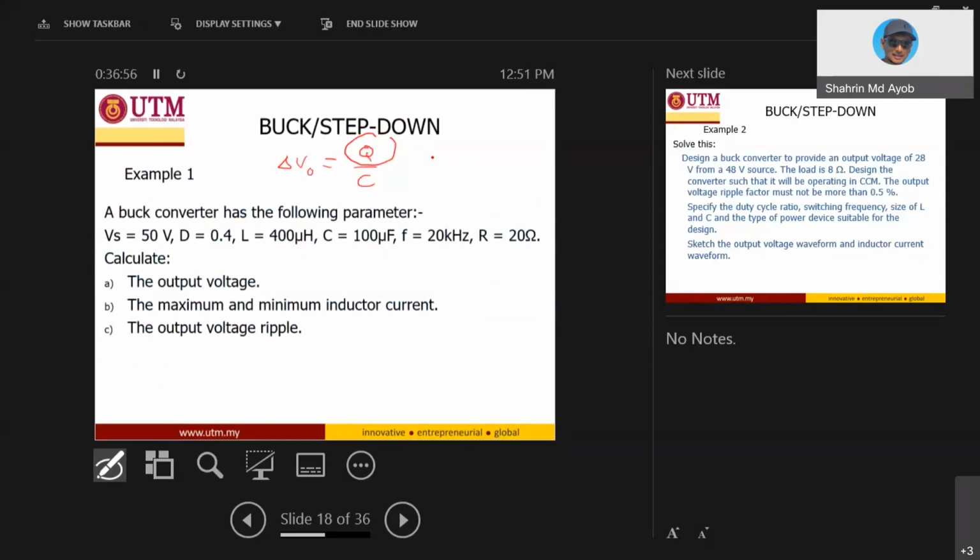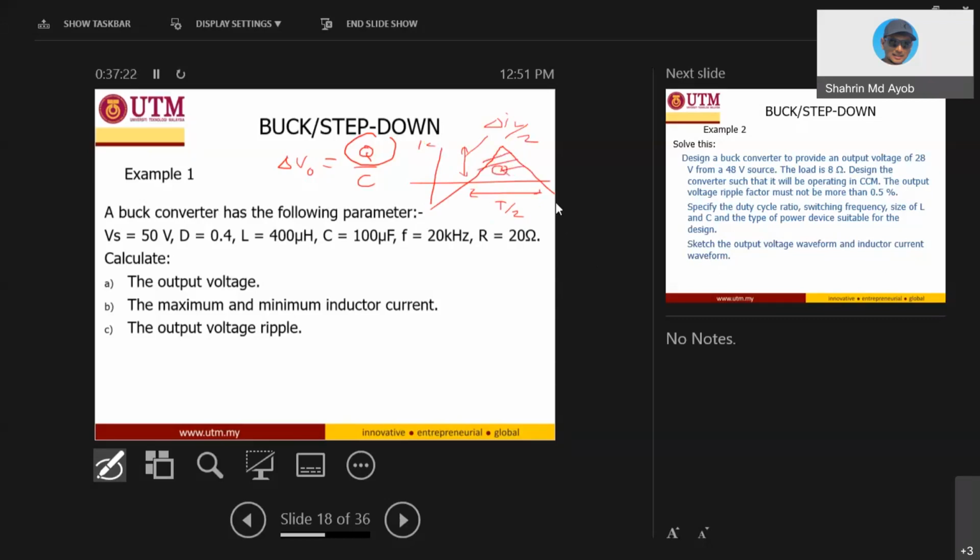We know that the current of the capacitor IC is actually like this, right? Which is a triangle, where the base is T over 2 and the height is delta IL over 2. You need to remember this.